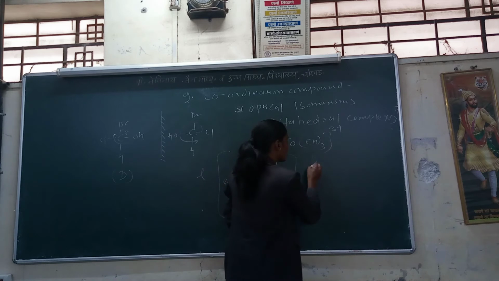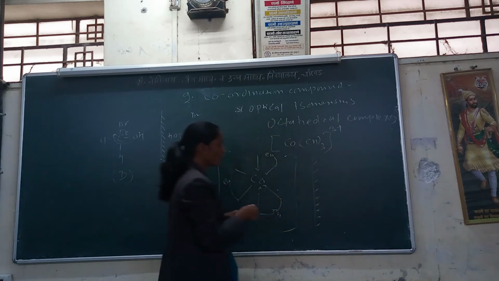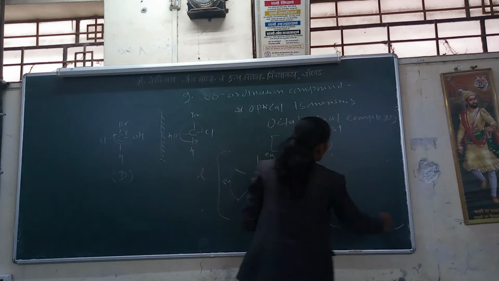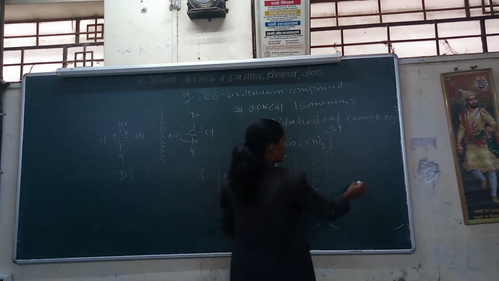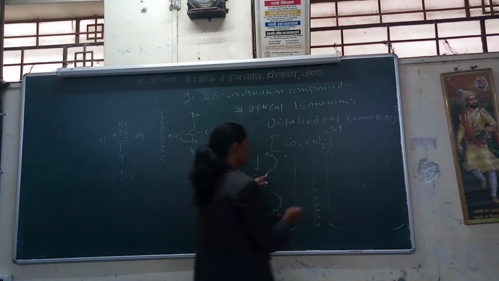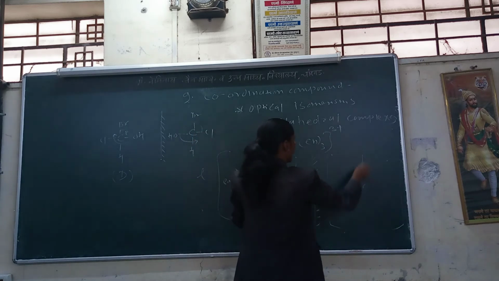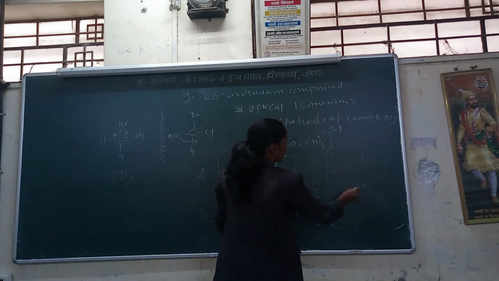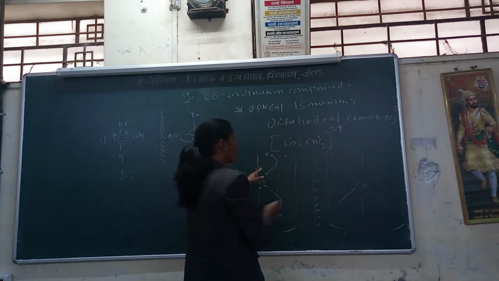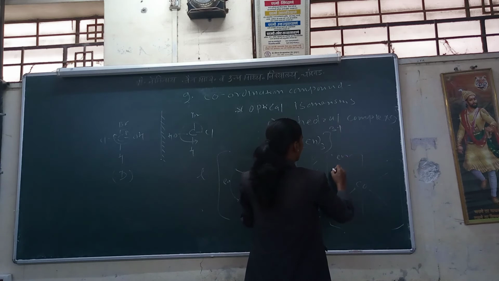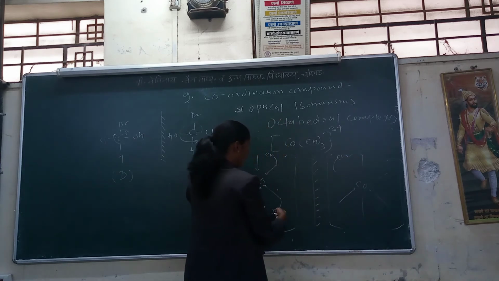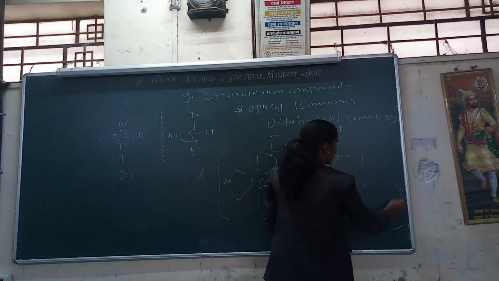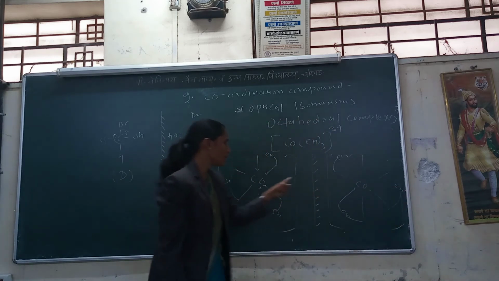The mirror image of this compound is like this. In square brackets, the central metal is cobalt. Here above, below, four sides, four lines, ethylene diamine on the side again here, and this is exactly the mirror image of this.